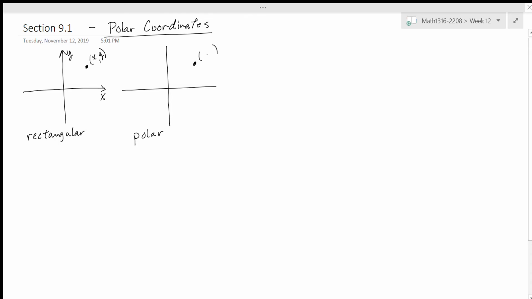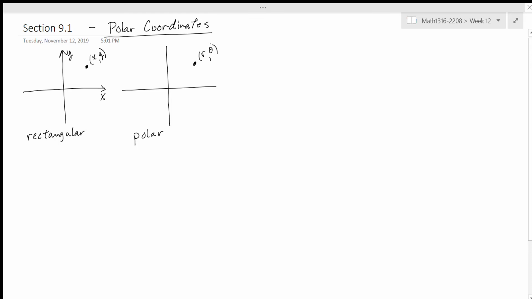They are also ordered pairs, but it is not X and Y. It is R and theta. In the polar coordinate system, your ordered pairs are made up of R and theta. Got it? So R stands for the radius and theta stands for the angle.